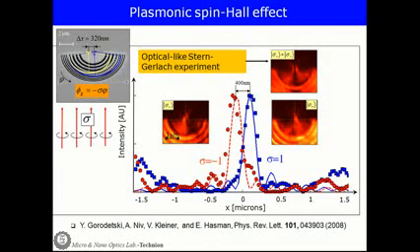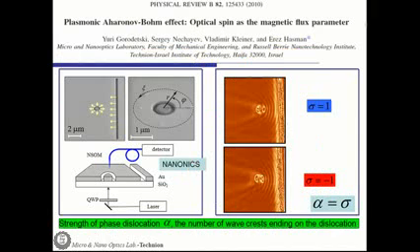As you can see here, there is a spin-dependent deflection of the focal spot, with very good agreement with our prediction. Of course, by illuminating with both spin up and spin down, we observed a dark spot. Actually, we can see it as an optical-like Stern-Gerlach experiment.